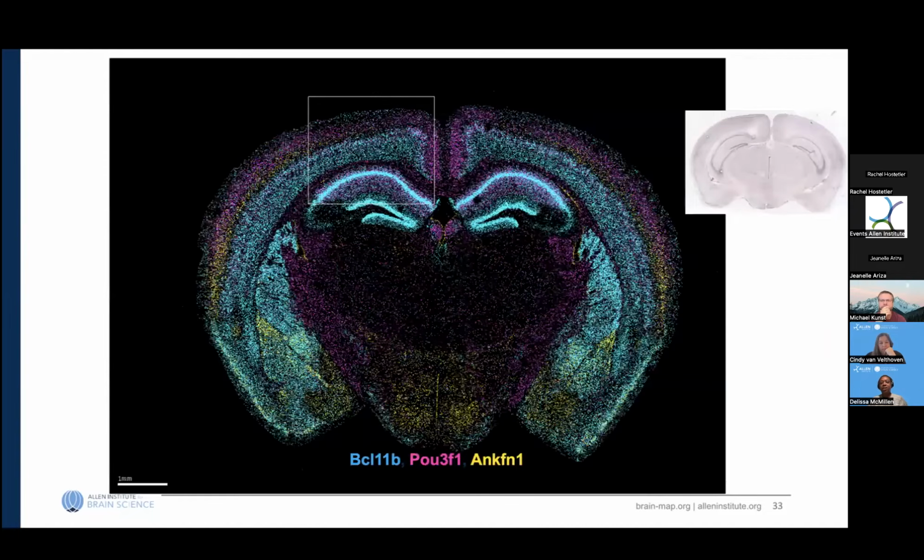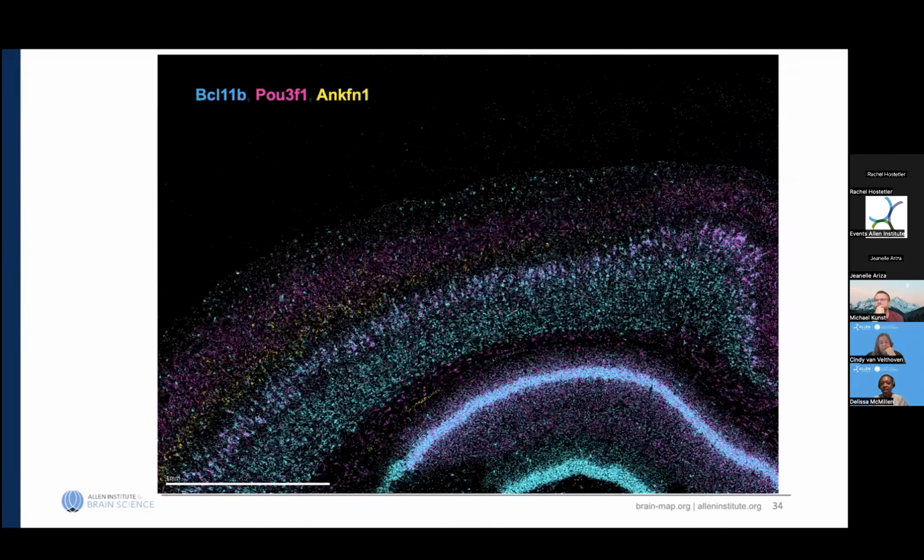So when we first started with the ABC Atlas, I needed a way for my team to take a look at to make sure that we were actually putting the where to the what and making sure we were getting things in the right places. So we asked the teams for laminar markers to take a look at where they should belong.